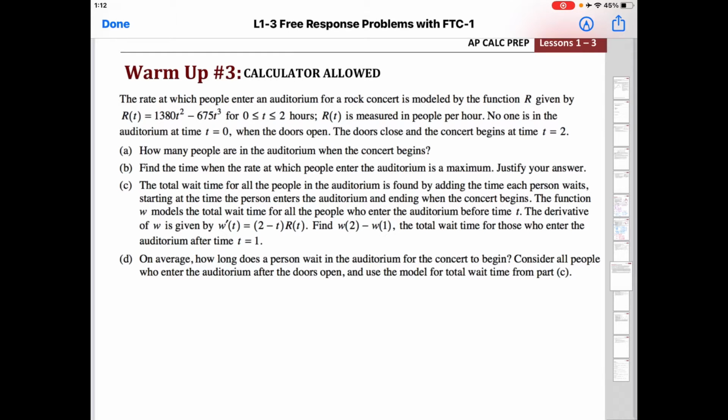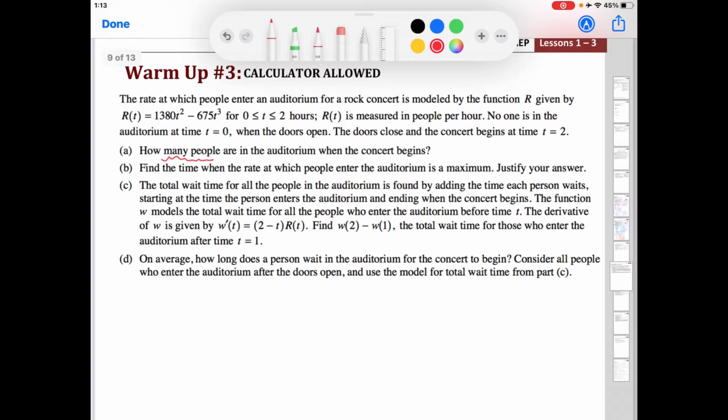Okay, so we do not have an initial condition, and our r of t equation is given to us. It's asking us how many people are in the auditorium when the concert begins. Again, how many has to do with amount. Whenever it has to do with amount, we are going to find the integral.